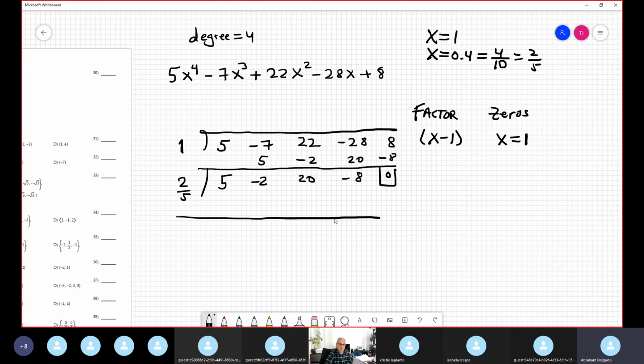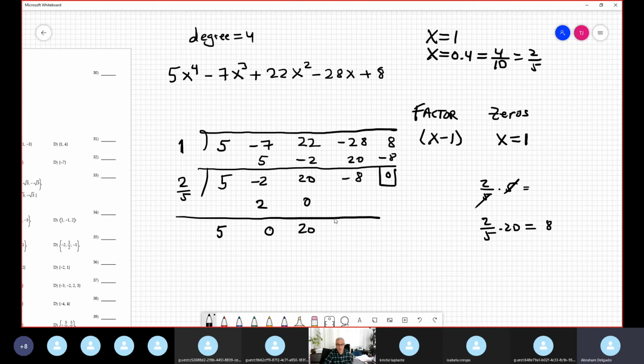Bring down 5. Multiplication: 5 times 2/5 is 2. So bring down 2. 2/5 times 5, the 5 cancels out, is 2. The 2 minus 2 is 0. Multiplication is 0. This is 20. And 20 times 2/5 is 40 divided by 5, it's 8, no?